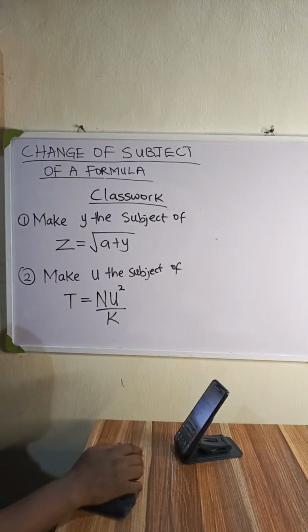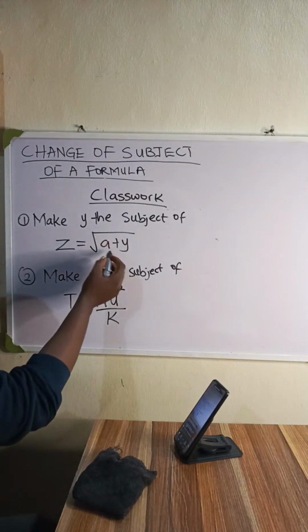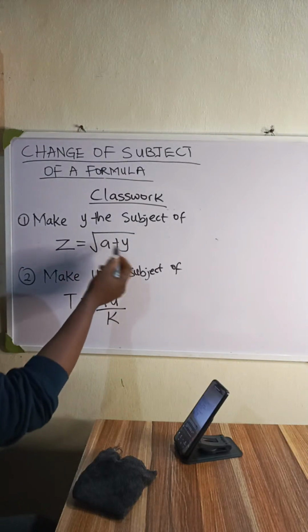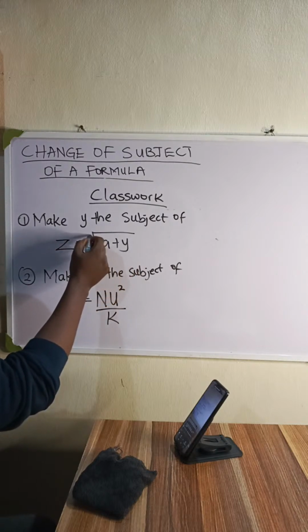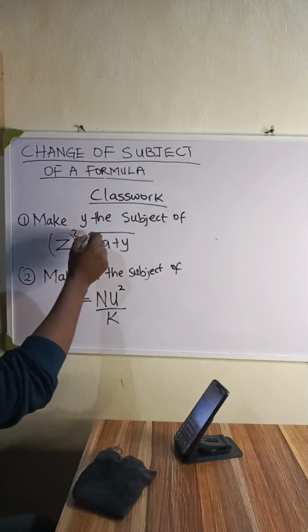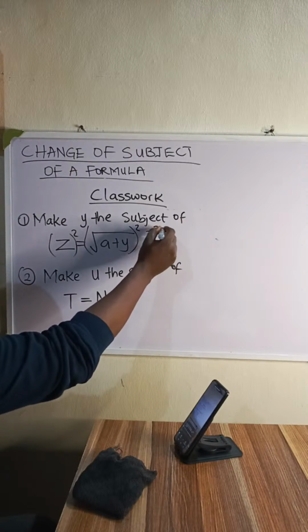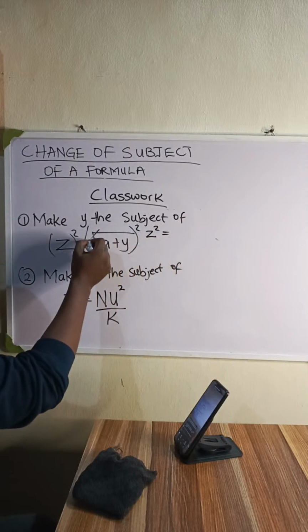Okay, so because of time, I'm just going to solve this. The first one is quite easy. The first one is z squared minus a. For us to make y the subject, we first have to eliminate the square root. To eliminate the square root, we square both sides. So we have z squared is equal to a plus y, as the square root and square cancel out.